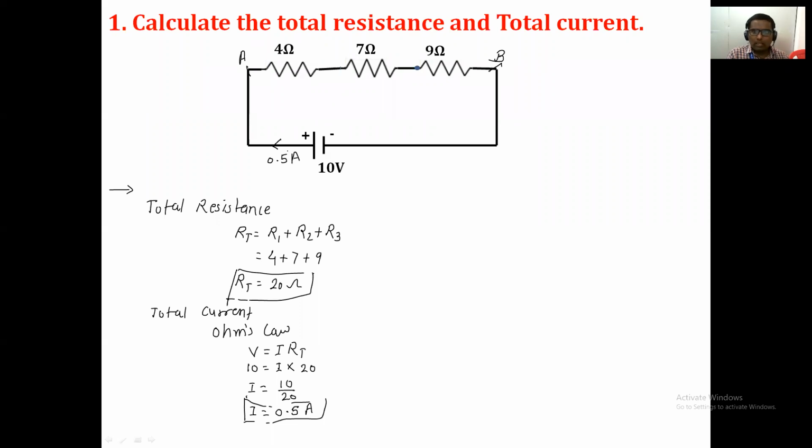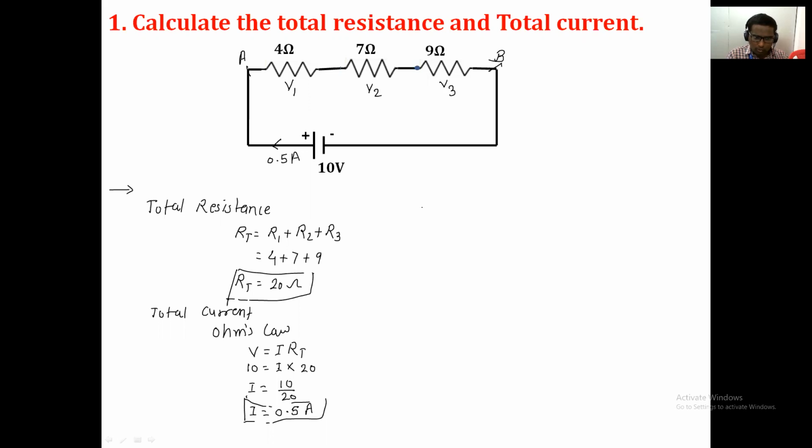And we know the basic characteristic of a series circuit: the current flowing through each resistance is the same. When this 0.5 ampere current flows through the 4 ohm, definitely a certain voltage is developed, which is V1. Again, when it flows through 7 ohm, a certain voltage is developed. We say it's V2. When it flows through that 9 ohm, again a certain voltage is developed. We say it's V3.